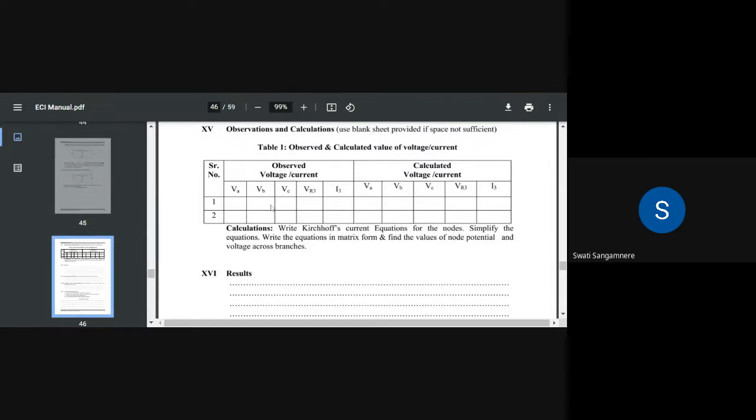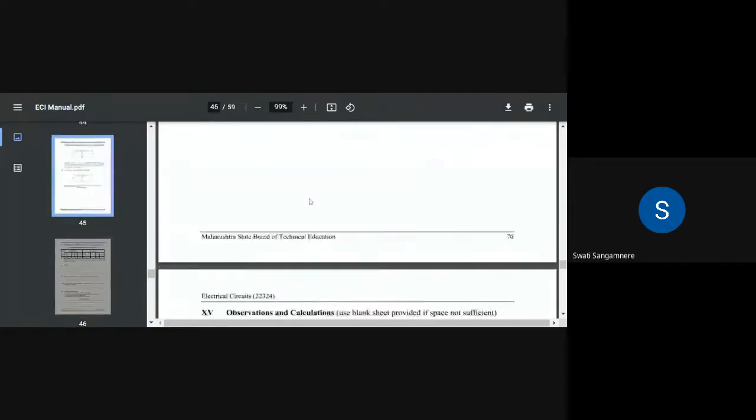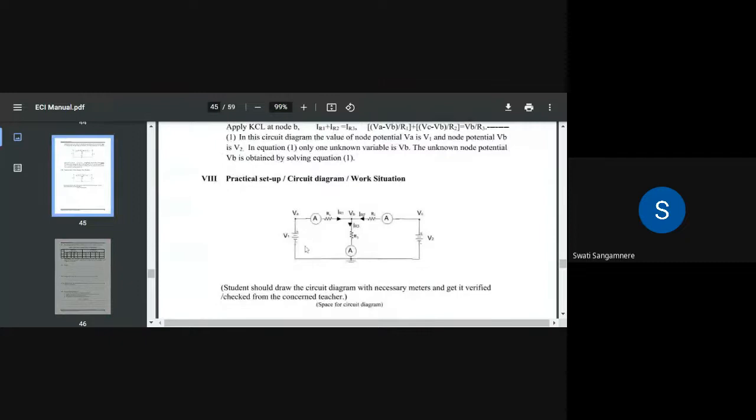VA means the first voltage source voltage, so we have to adjust the first voltage source to 5 volts. So the node voltage VA becomes 5 volts.